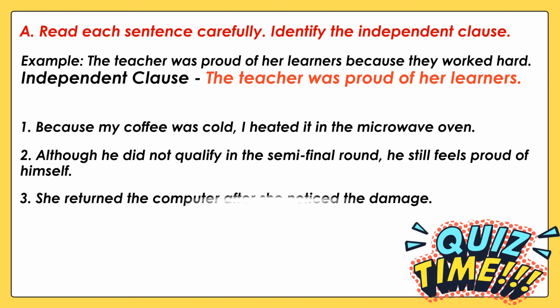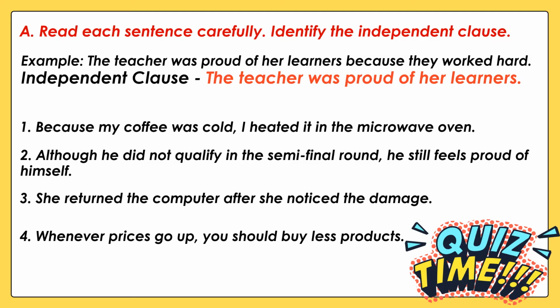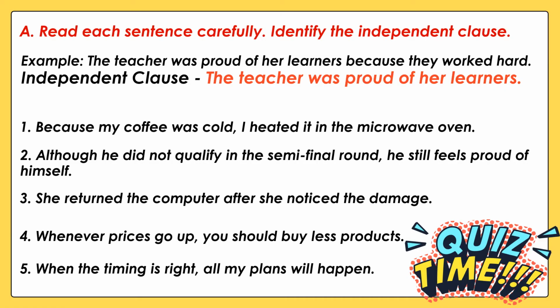Number 3, she returned the computer after she noticed the damage. Number 4, whenever prices go up, you should buy less products. Number 5, when the timing is right, all my plans will happen.